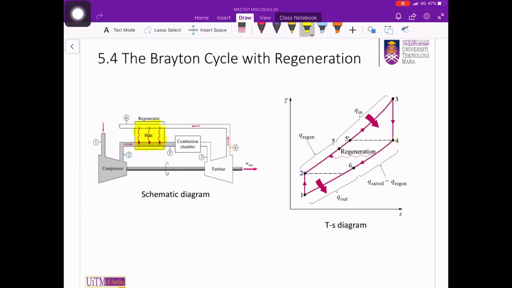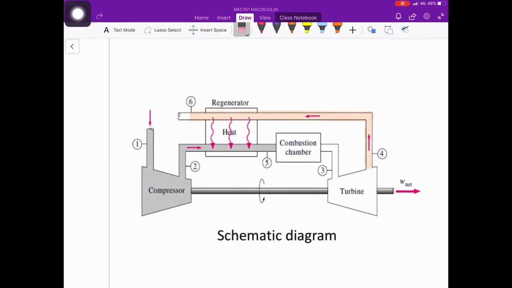Note that the regenerator is a kind of heat exchanger device that has two flows: flow from the turbine exit and flow from the compressor exit. Since the turbine exit has a higher temperature than the flow from the compressor exit, heat will be transferred from the high temperature region to the low temperature region.